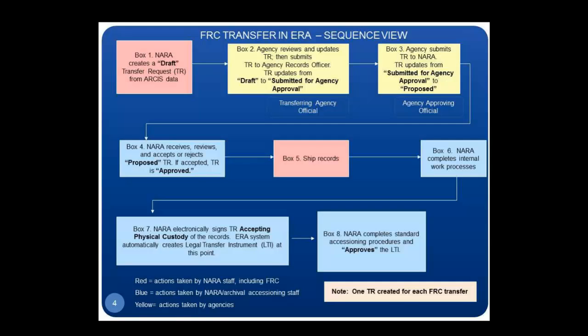Once again, a reminder, one TR is going to be created for every FRC transfer record in ARCUS. That's how that works. And again, very high level. And of course, it doesn't include any of the steps that you take in the agencies to do your own internal review, nor does it include NARA's internal processes for review either.